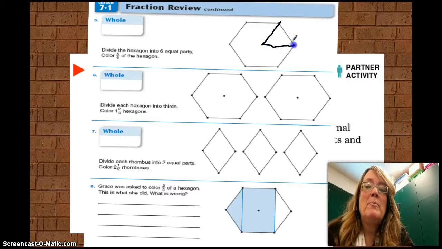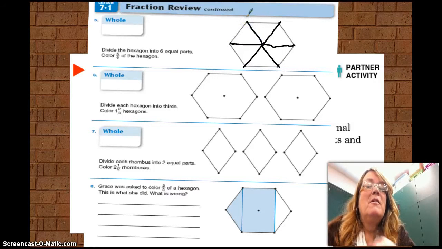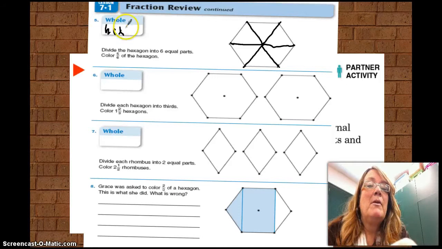So here's 1 part, 2, 3, 4, 5, and 6. The whole, again, right here, the hexagon. Please do it a lot better than you see me doing it right now.